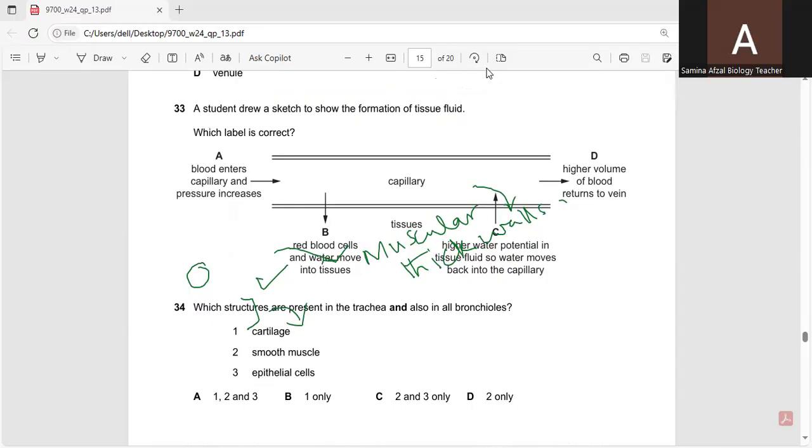Now question number 33. A student drew a sketch to show the formation of tissue fluid. Which label is correct? Here you can see the blood enters the capillary and pressure increases.